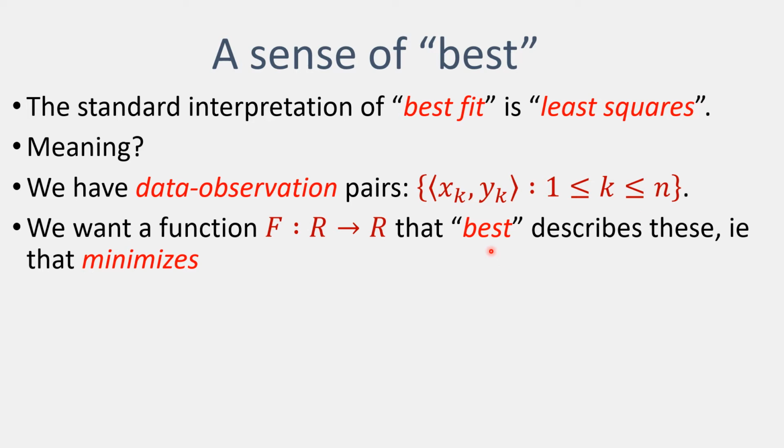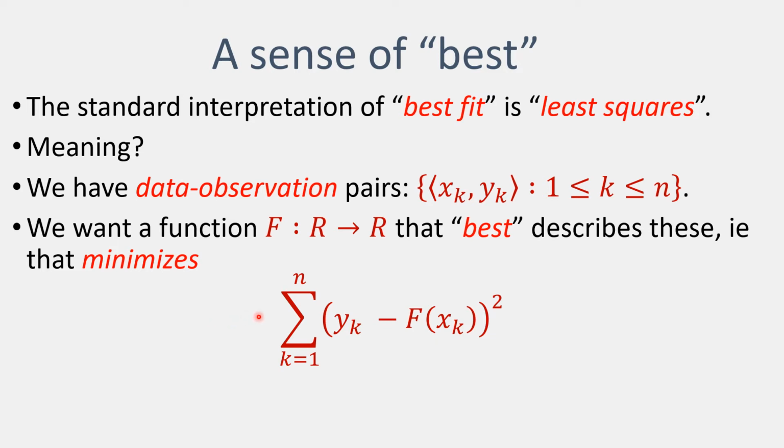And what we mean by best function is the one that minimizes this expression. We add up over all of our data the observation that we've seen, but we subtract from that the function that we are using to try and approximate our data when we plot it.